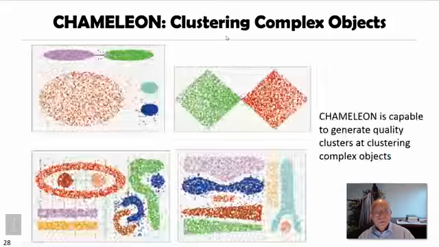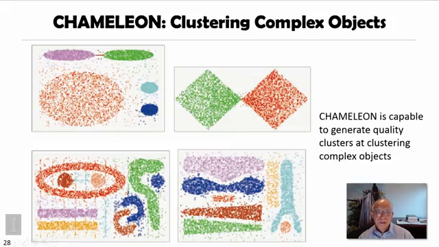Then, based on the implementation and experiments, we can see Chameleon can cluster complex objects like this. These are all different points with different density, different shapes, as well as lots of noise points.